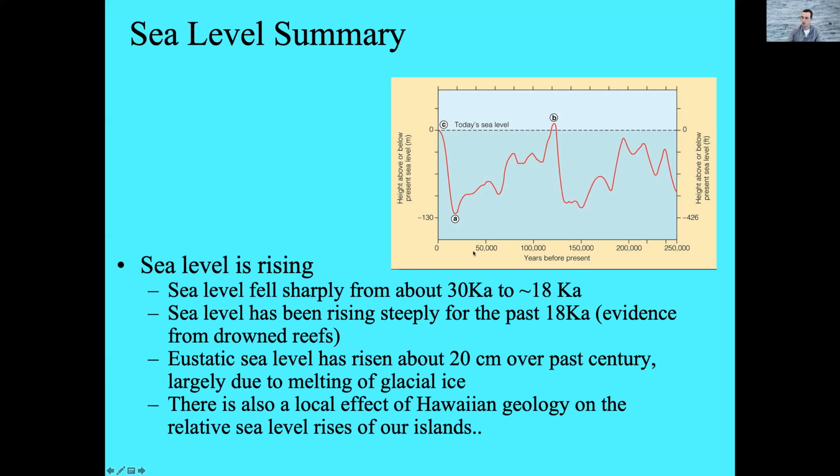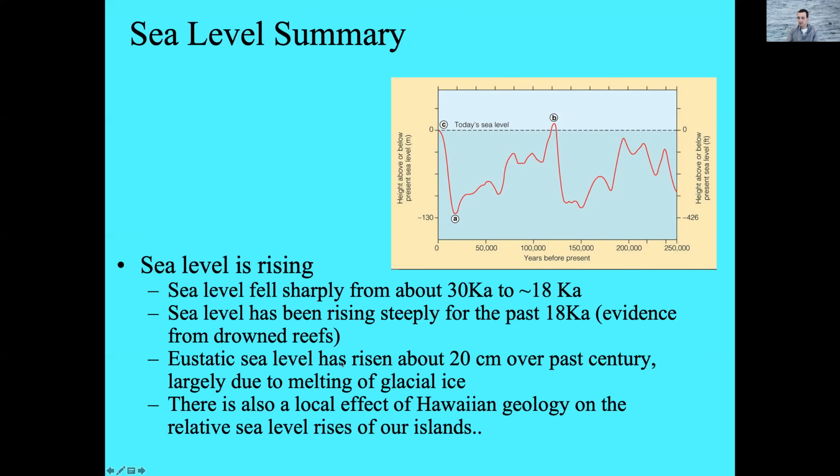What you're seeing here is the glacial interglacial cycle. A here is the maximum of the last ice age, when a lot of water was bound up in land ice, in glaciers and ice sheets. Whereas B here was the last interglacial period, which actually had smaller ice sheets than there are today, and sea level was about 6 meters higher than it currently is.